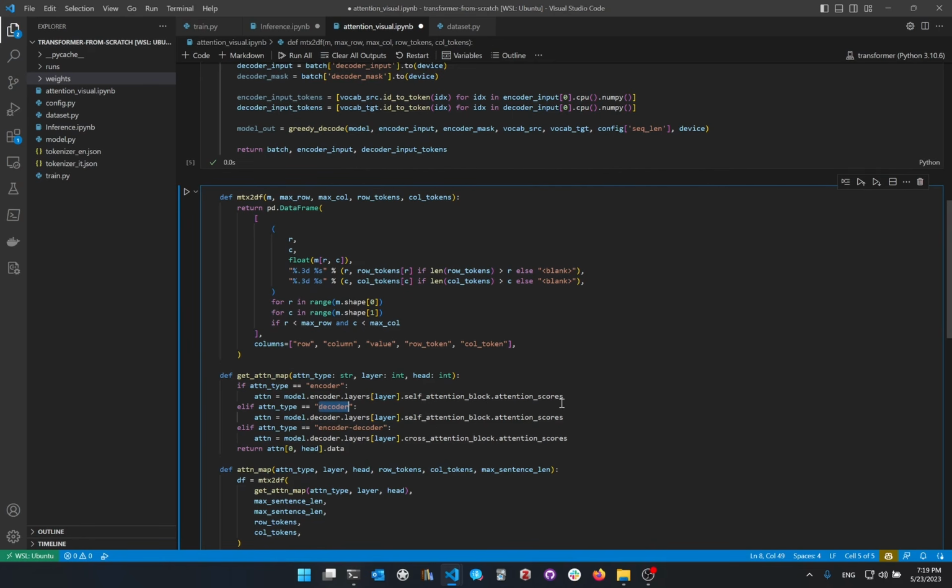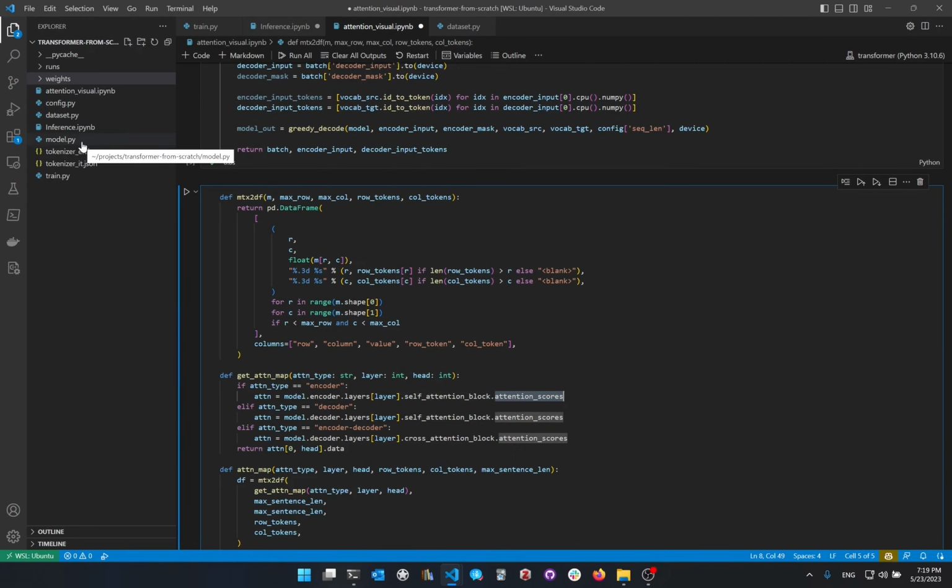How to get the information about the attention? Well, we load our model, we have the encoder, we choose which layer we want to get the attention from, and then from each layer we can get the self attention block and then its attention scores. Where does this variable come from?